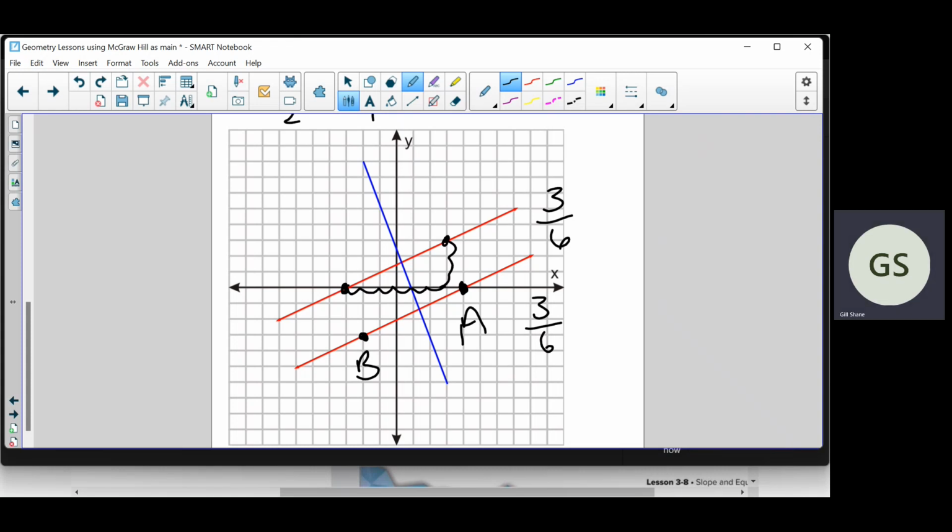Now, for perpendicular, it's a little trickier. So if I want to do the blue line and one of the red lines, since both red lines have the same slope, I need to figure out the slope of that blue line. Oh, that's a little trickier. Boy, is it trickier. I'm going to come all the way down here and all the way up here because that's really the only two places I am absolutely positive.